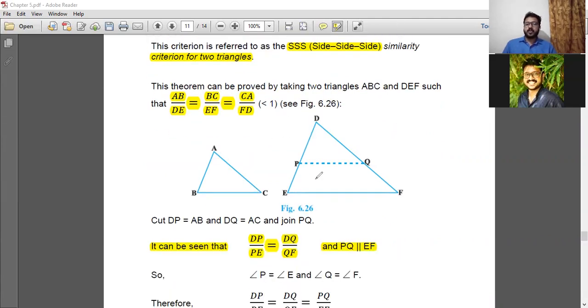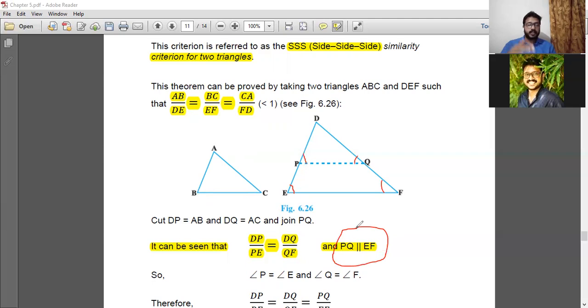So we have seen angle P is equal to angle E, and in the same way, angle Q is equal to angle F. Clear? Why is it so? Since PQ is parallel to EF, the corresponding angles should be equal. So since the corresponding angles are equal, these two lines are parallel, and again we can apply our earlier theorem.